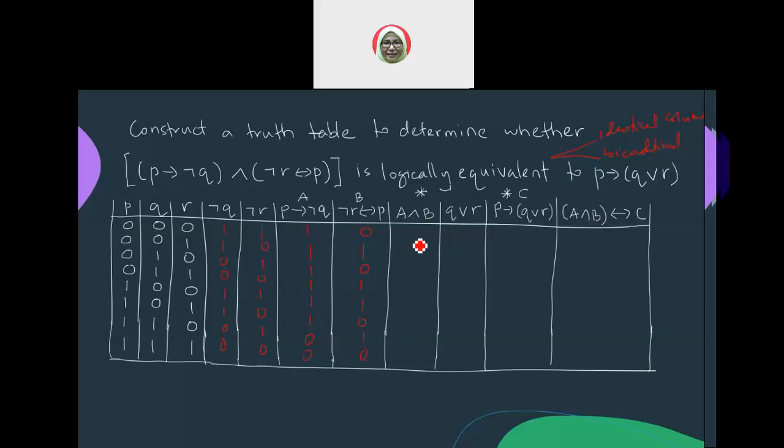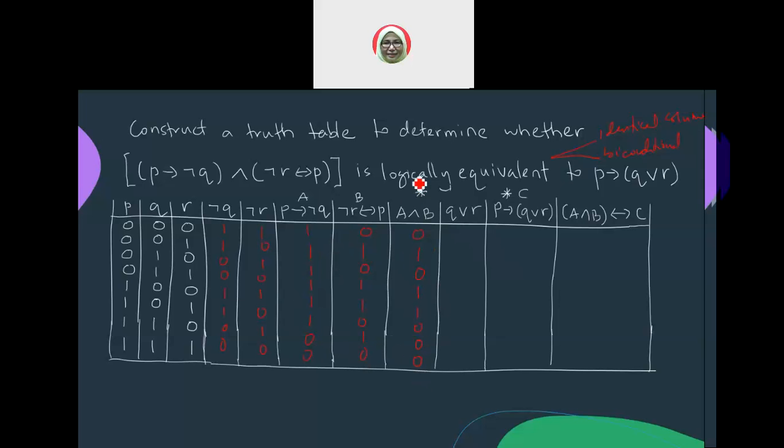Okay, then A and B, I just name it as A and B. No need to copy everything, otherwise it will be too long. A and B, the values are 0 1 0 1 1 0 0 and 0, and both 1 will be 1. Okay, let's check. 1 0 1 1 0 0 0.